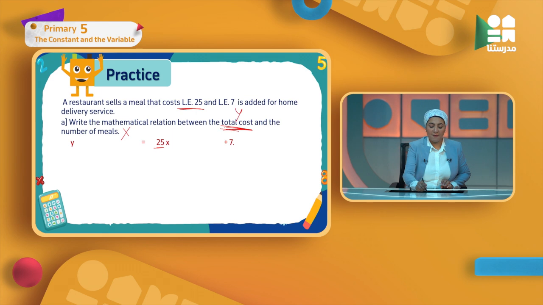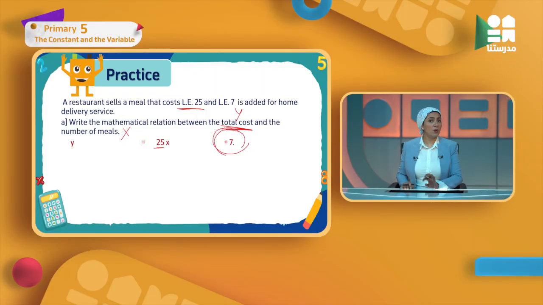Now what is the plus 7 for? This is the delivery service. The delivery service applies to the whole order, not to each meal. Whether I buy one meal, or 2 meals, or 1 million meals, the delivery service is still 7 LE.